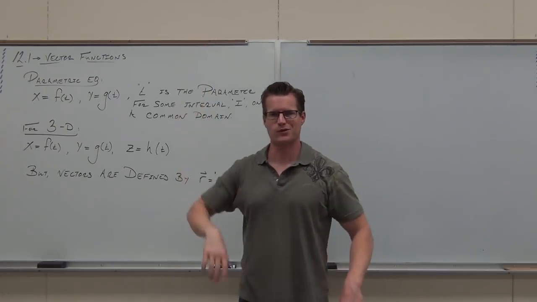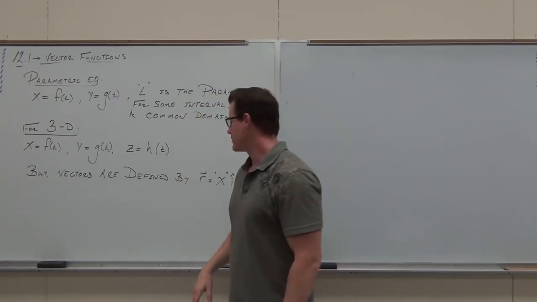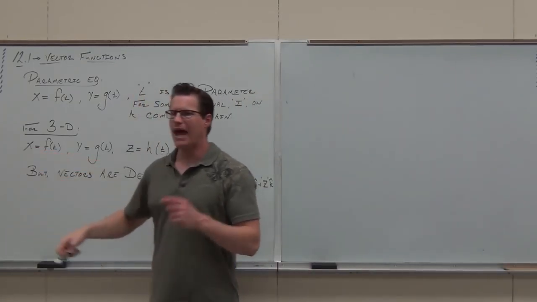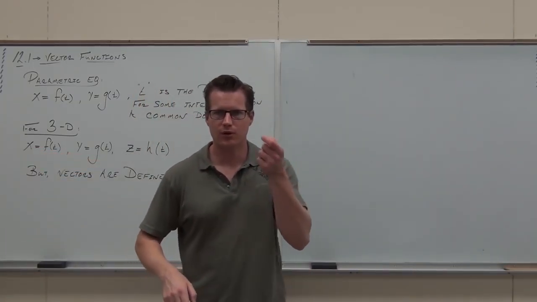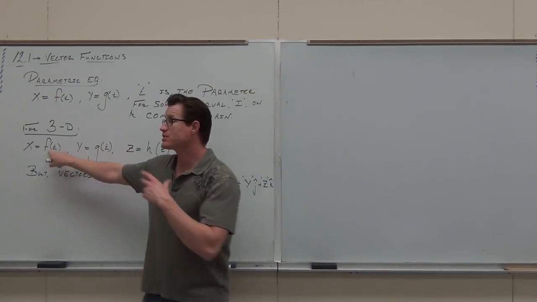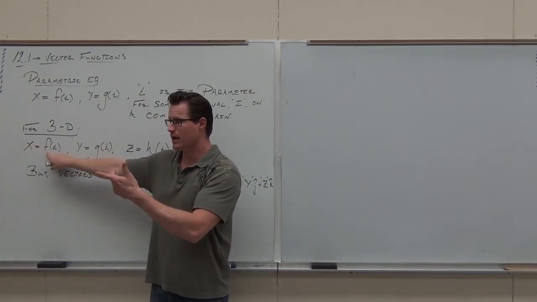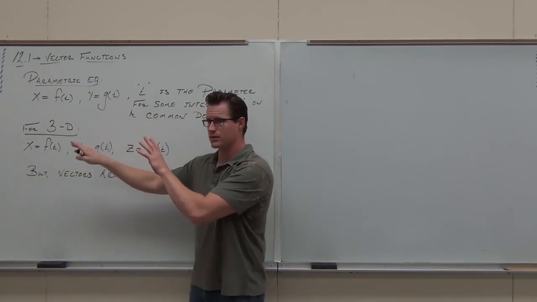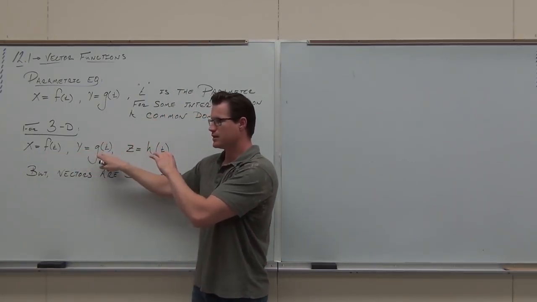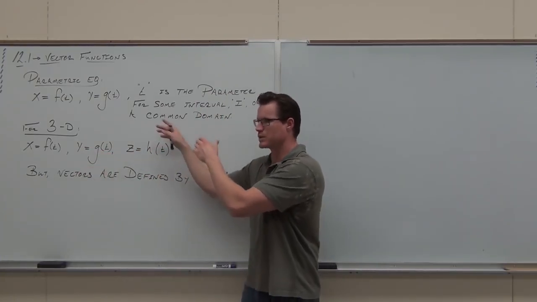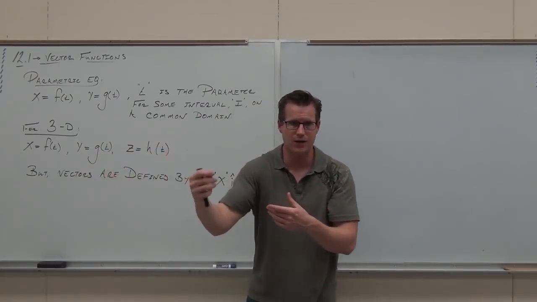But wait, there's more. If we look back at this, what if we don't have an actual number x? What if we have a function that gives us a number x depending on what t is? What if we don't have the number y, the coordinate y, we have a function that gives us the number y depending on what t is? What if we don't have the number z, we have a function that gives us what the z is depending on the value of t?